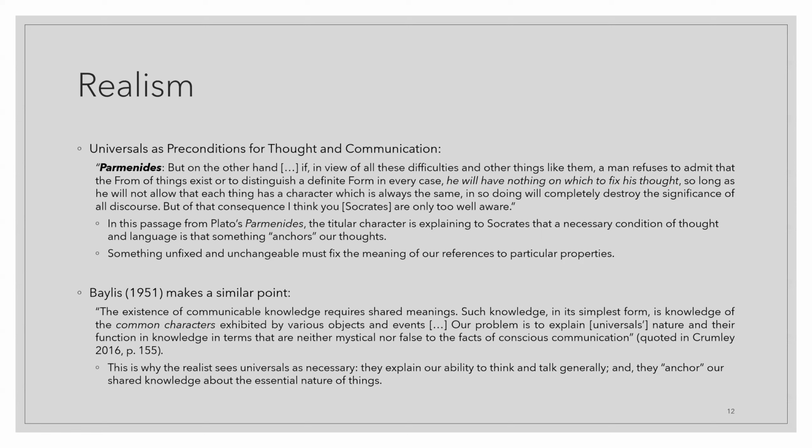Such knowledge in its simplest form is knowledge of the common characters exhibited by various objects and events. Our problem is to explain universals' nature and their function in knowledge in terms that are neither mystical nor false to the facts of conscious communication." This is why, if you're a realist, universals are necessary. They explain our ability to talk and to think, and they anchor our shared knowledge about the essential nature of things.